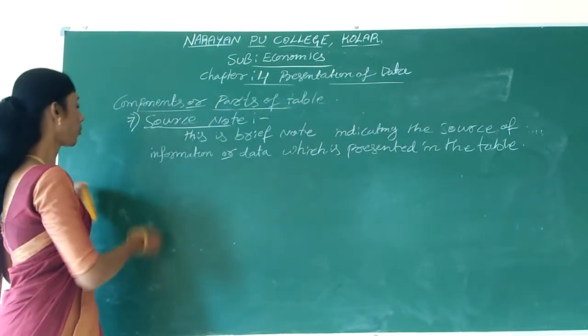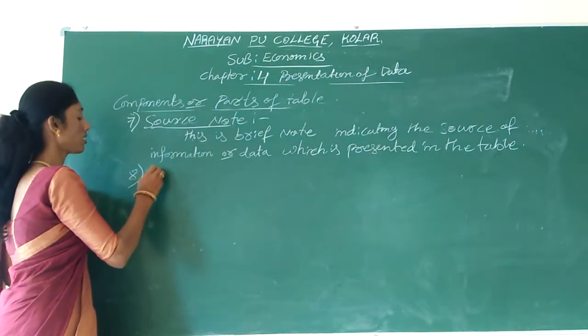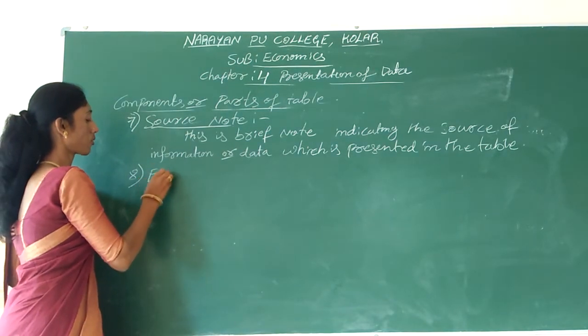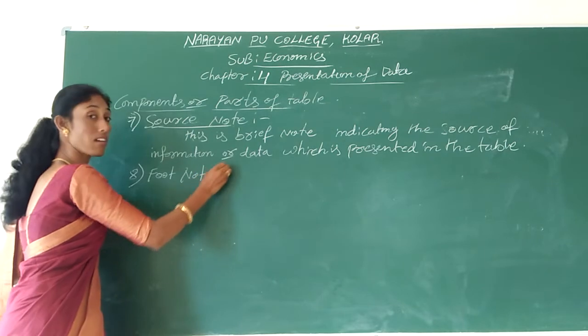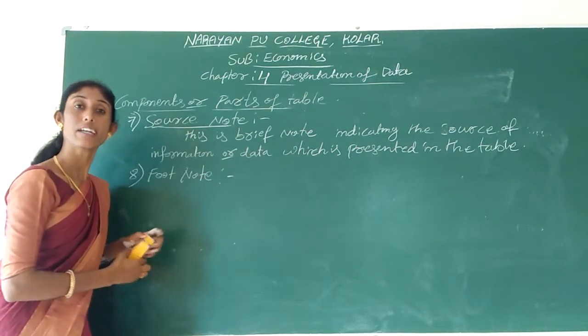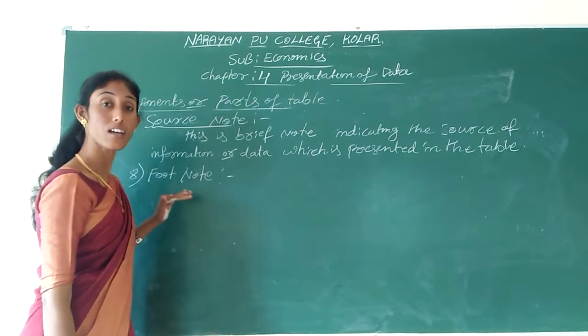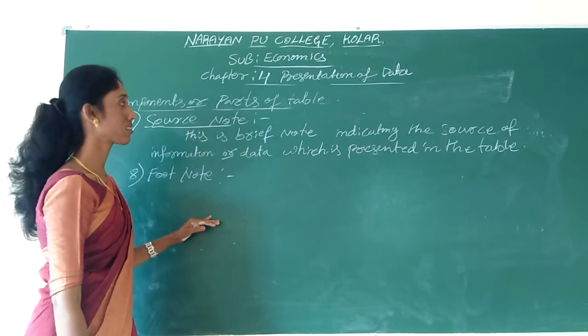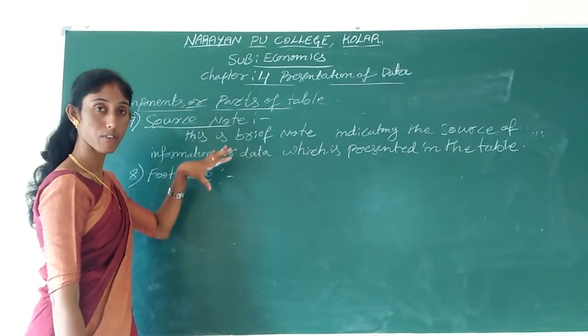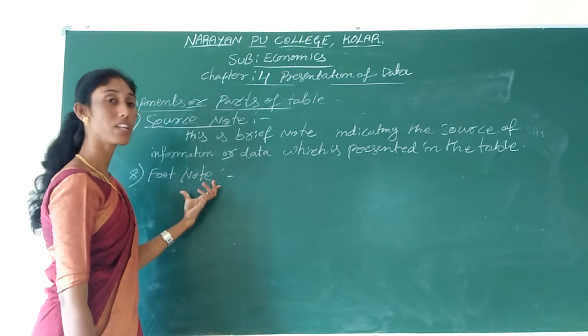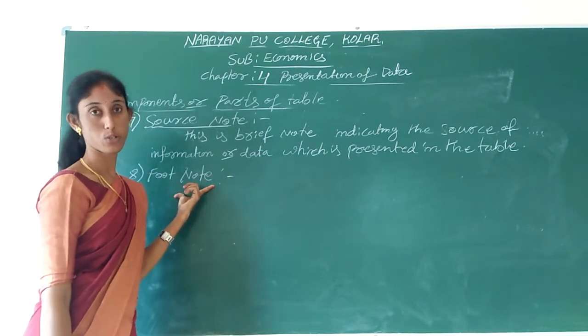And next, one more important part of a table is the footnote. Footnote is nothing but like a conclusion to a table. It means whatever the complete information of a table is, we need to indicate in the footnote.